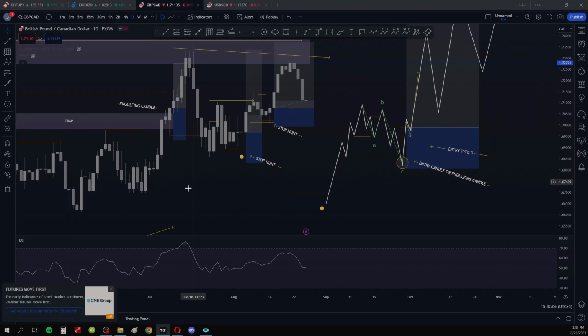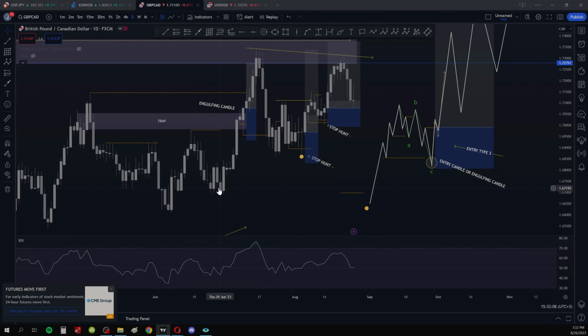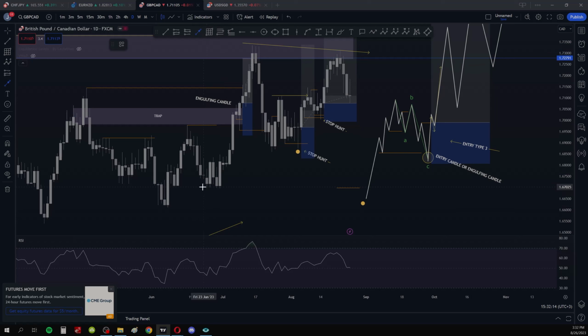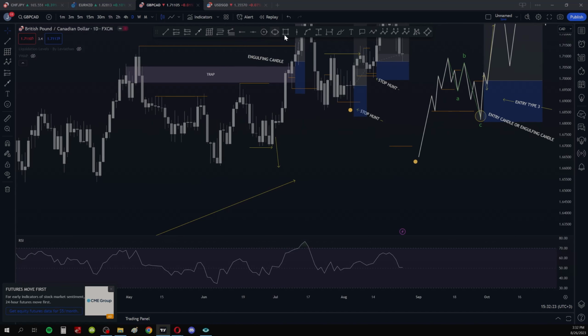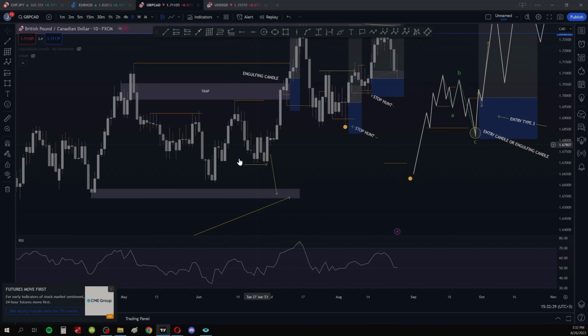Okay, if we try to enter somewhere in here, we're not that sure, okay, because as you can see it made some equal lows. It could have easily just taken it out and, I don't know, entered some demand zone in here, right? So entering in the bottom or in the top is not the best choice.